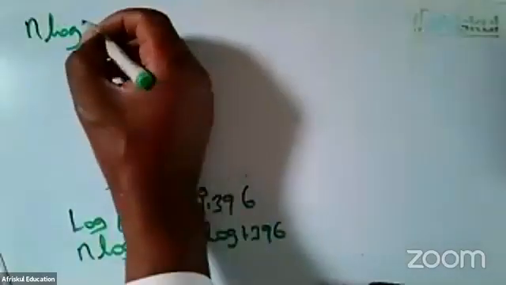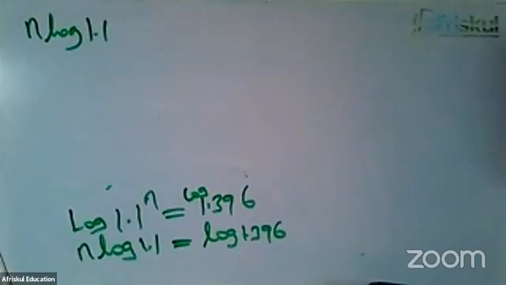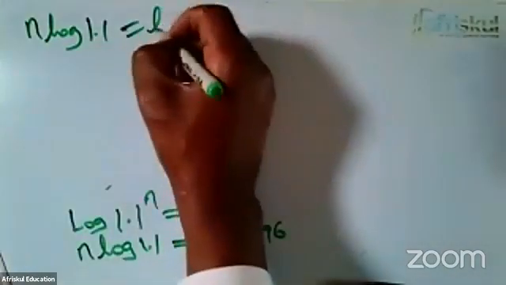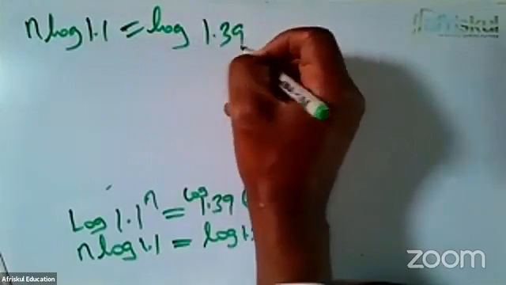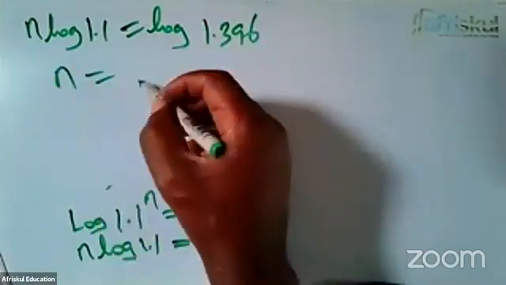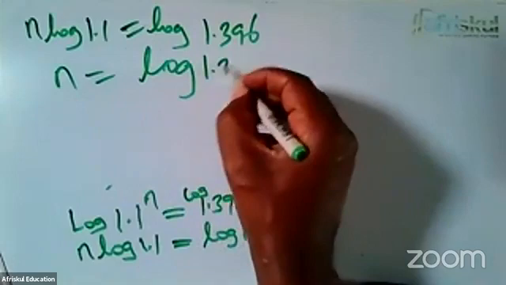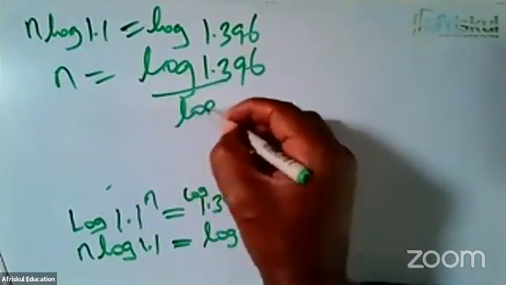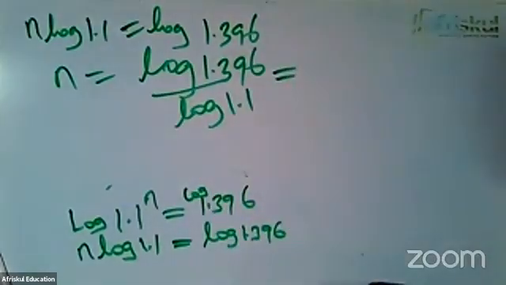Right? So come here. So where are we? We are talking of n logarithm of 1.1 equals logarithm of 1.396. So now I can make n the subject of the formula very easily. It will be log 1.396 all over log 1.1.